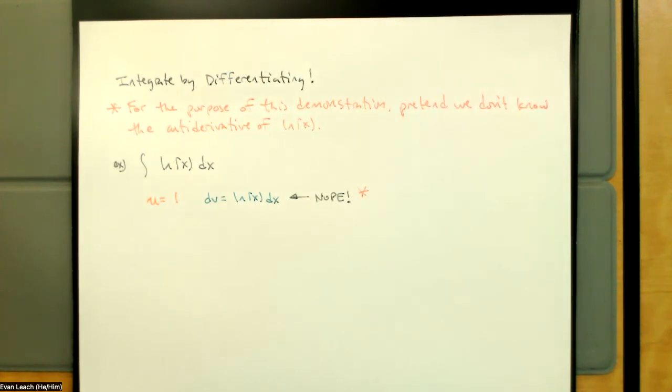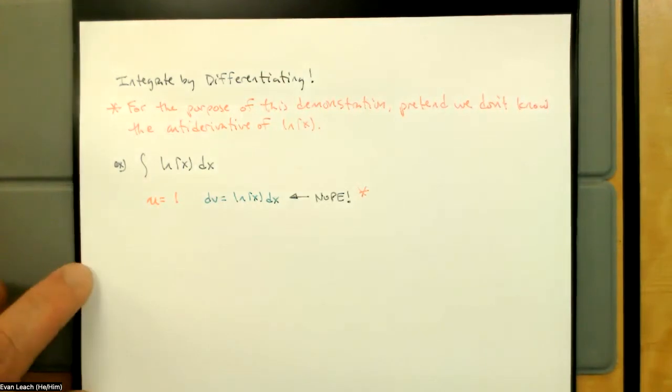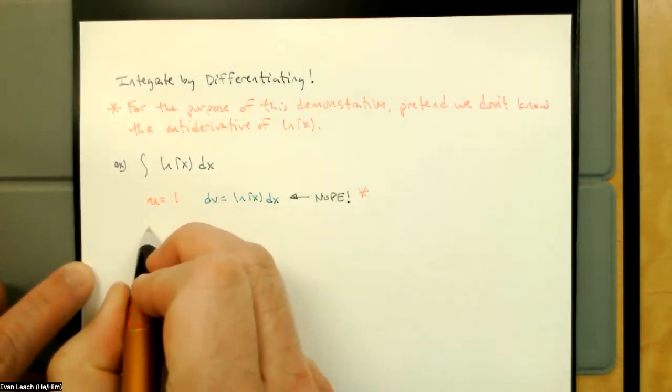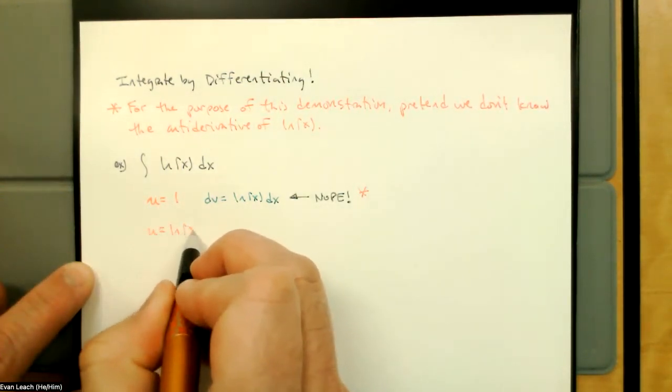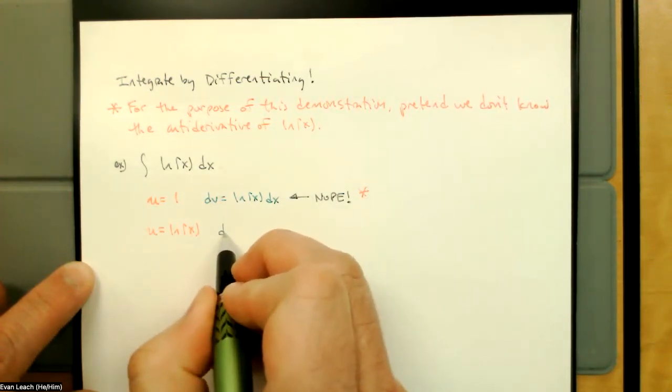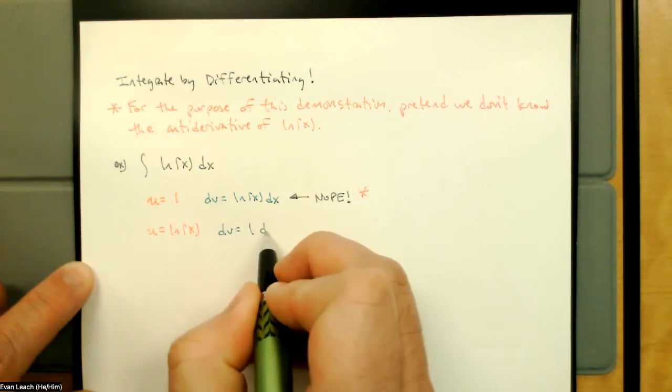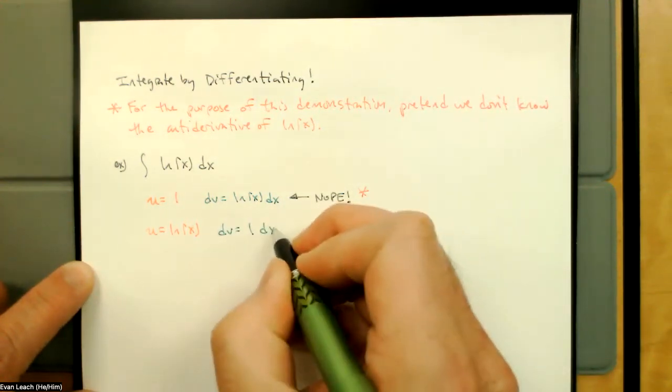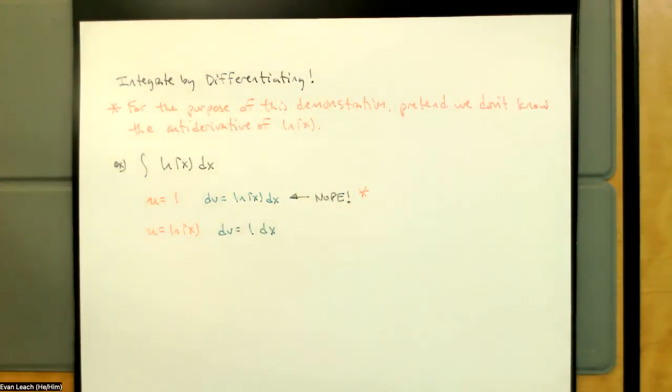But our technique with parts is to just go back and switch them. It looks like we're putting everything in the u spot, but that's okay because there's always a factor of 1, and the dx always goes with the dv. So no trouble.